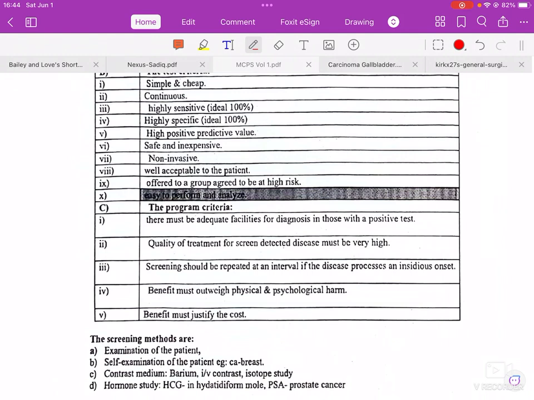But if it is diagnosed early, the benefit should be more than the psychological and physical harm. Benefit must also justify the cost.